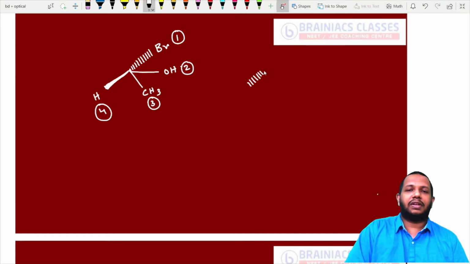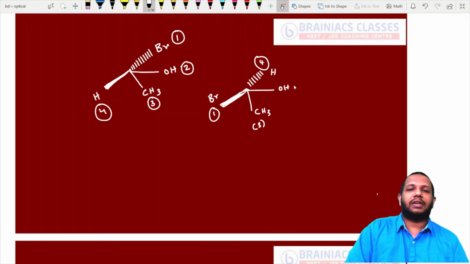The hydrogen will come here, that means 4 will come here, and here I will move the bromine atom. So the bromine atom will come here, so this will become 1 here, and there is no change for the other one. So CH3 here will have 3, and the OH present here will have 2. Now move it.